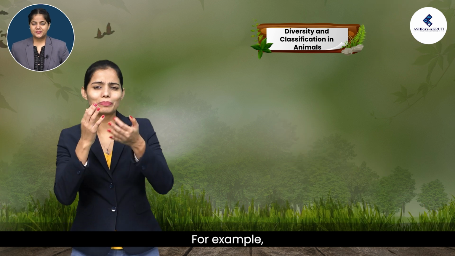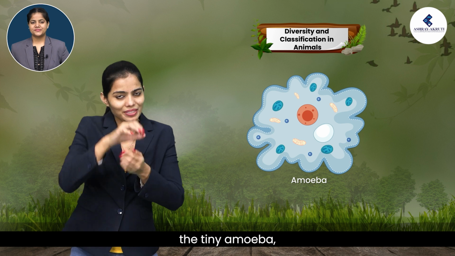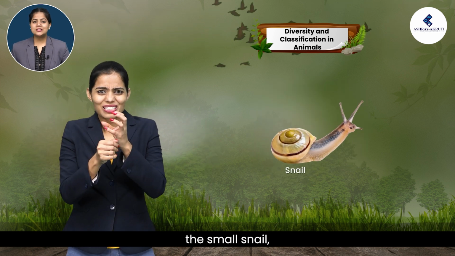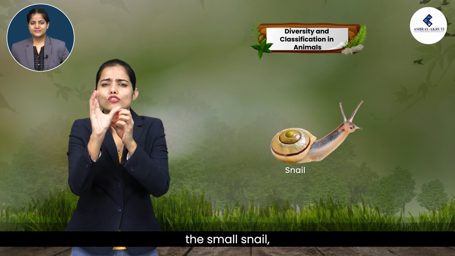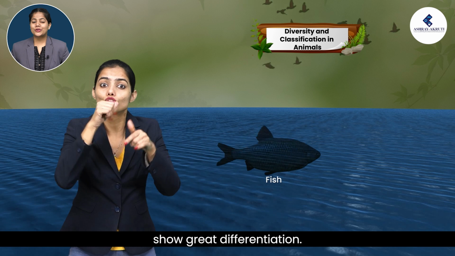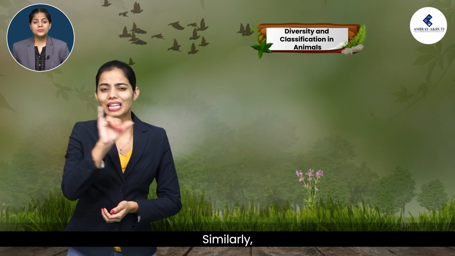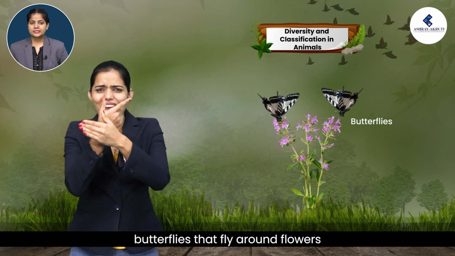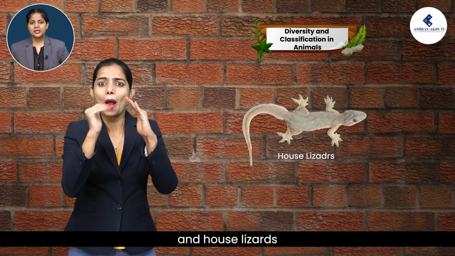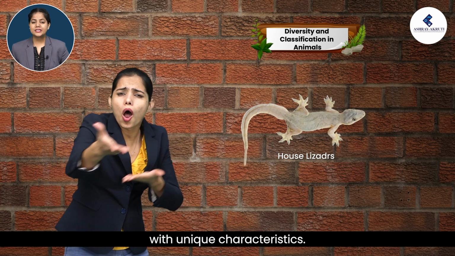For example, the tiny amoeba, the massive elephant, the small snail, and the fish that swims in water show great differentiation. Similarly, butterflies that fly around flowers and house lizards that crawl on walls are all animals, each with unique characteristics.